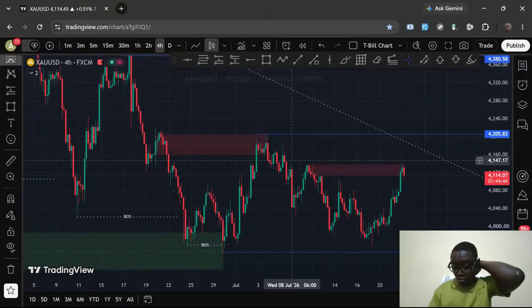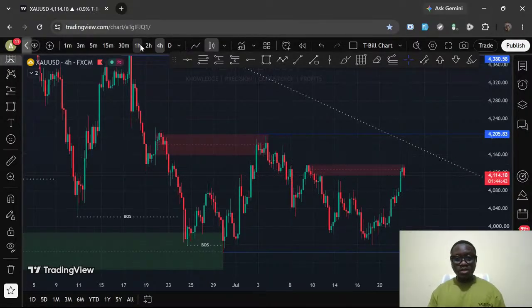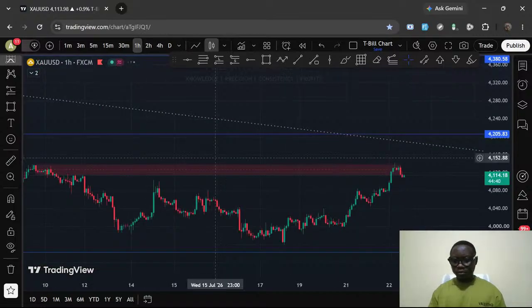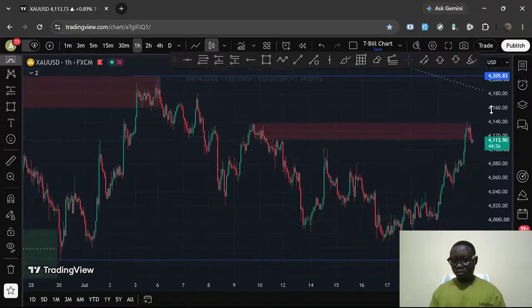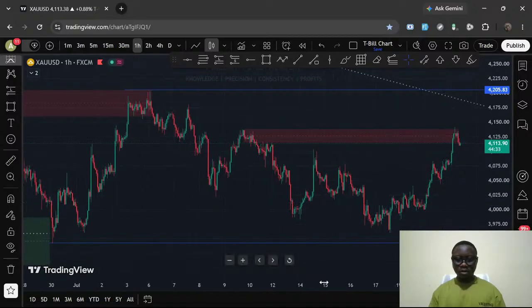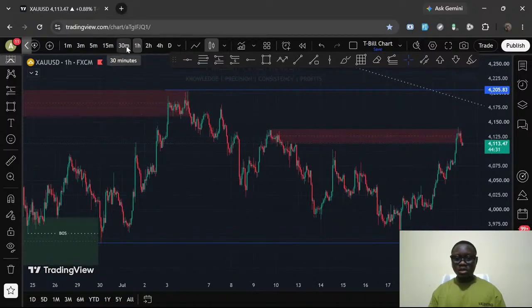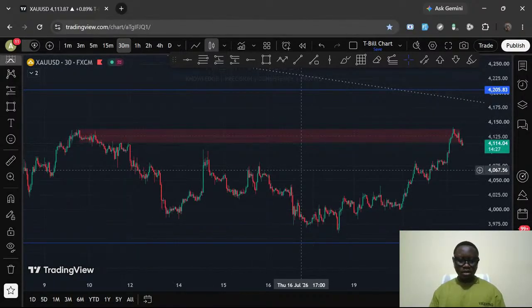Let's drill down to our entry time frame, which is the 30-minute time frame, and reach the structure.